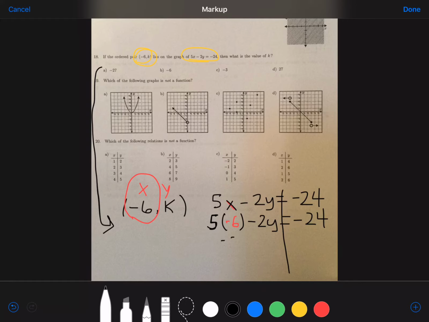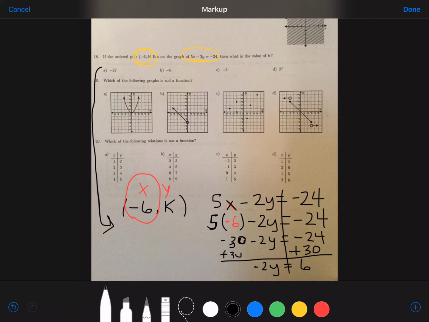5 times negative 6 is negative 30. So you should have negative 30 minus 2y equals negative 24. To get y by itself, you're going to add 30 to both sides. And you have negative 2y equals 6.